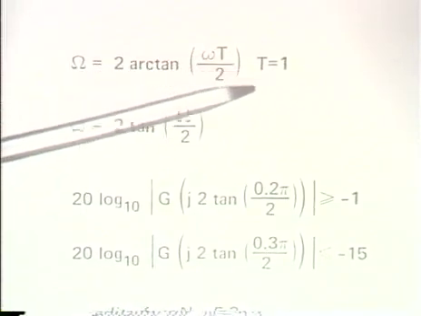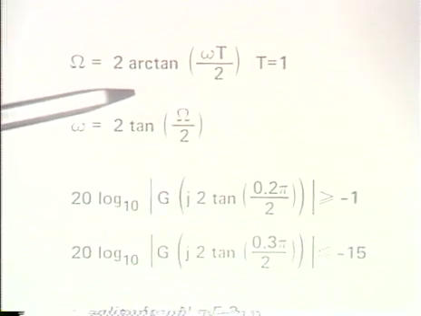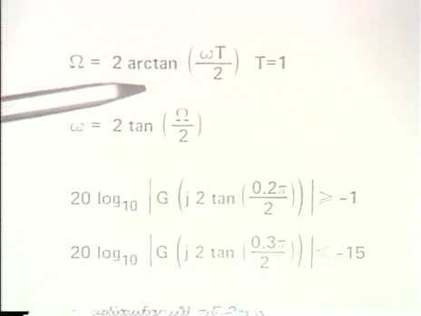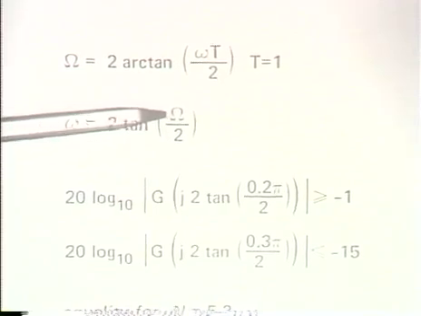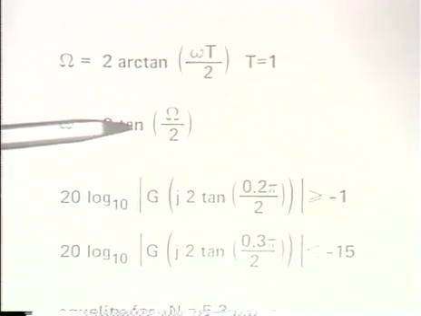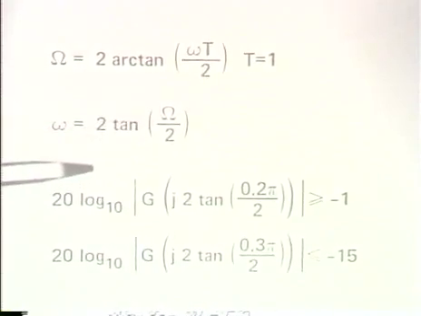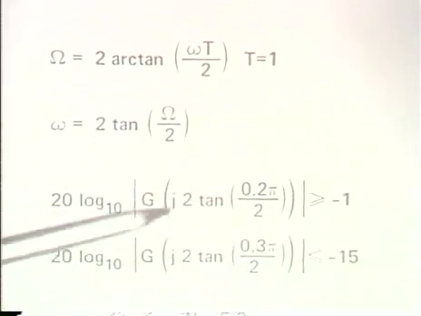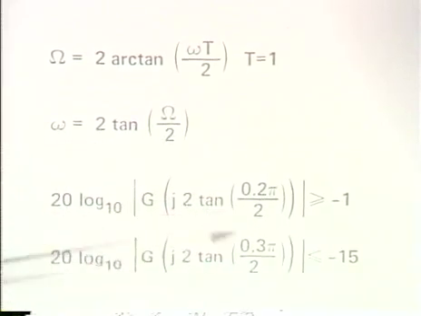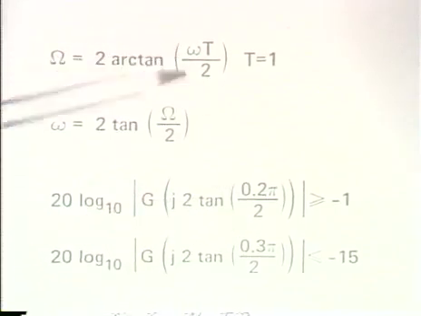And that means then that the corresponding critical frequencies of the continuous time filter are at twice the tangent of 0.2 pi over 2 and twice the tangent of 0.3 pi over 2. So that means then that the specifications on our continuous time filter are given by this. Essentially, passband and stopband edges warped through that nonlinear curve.